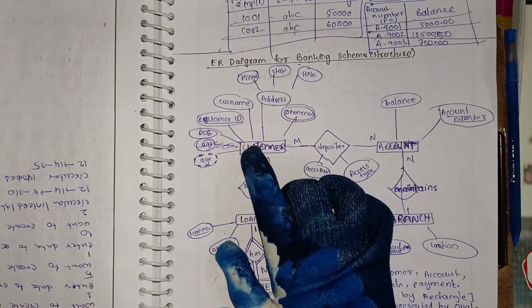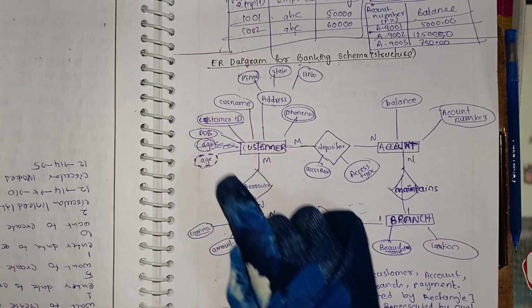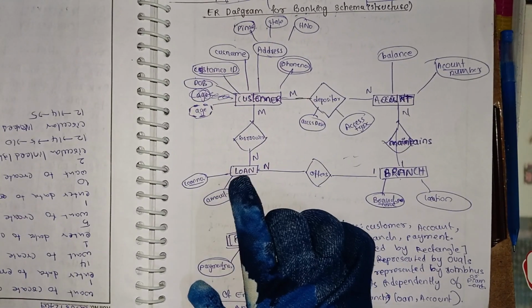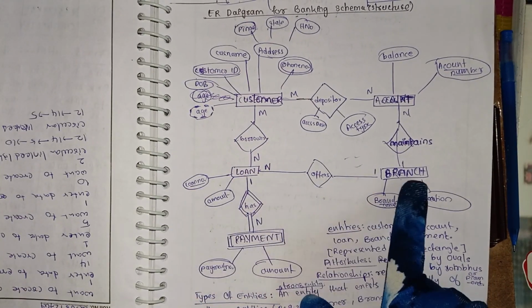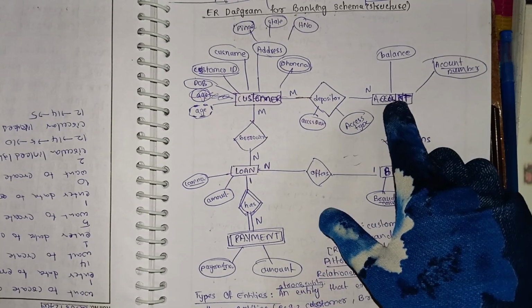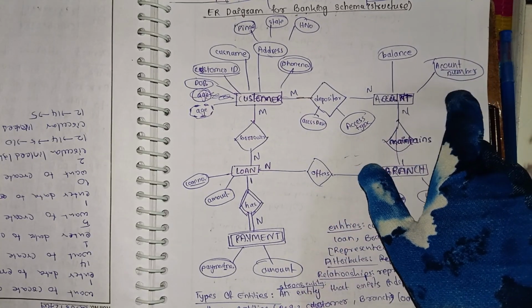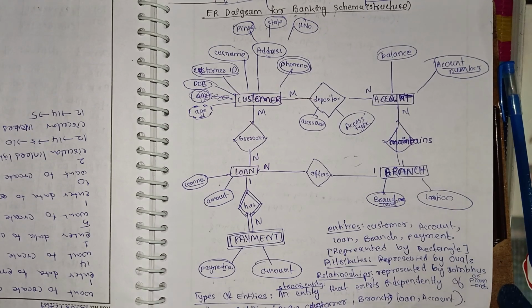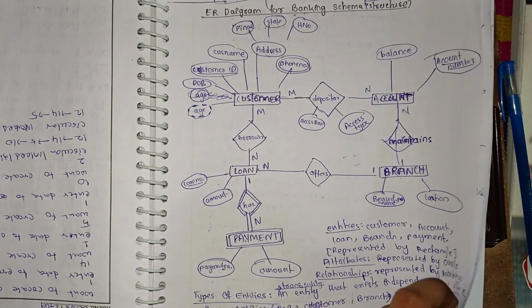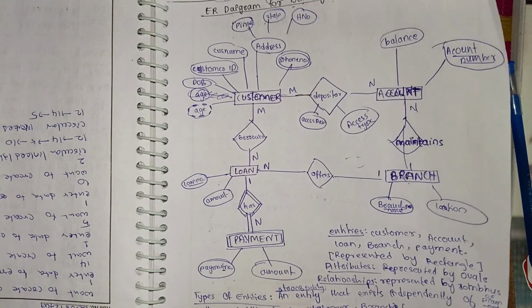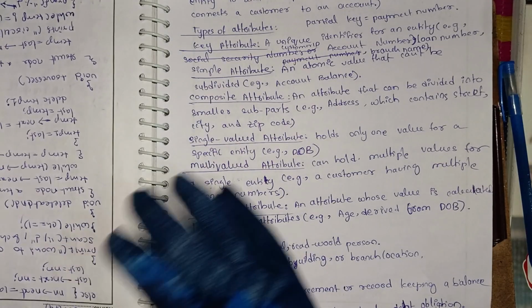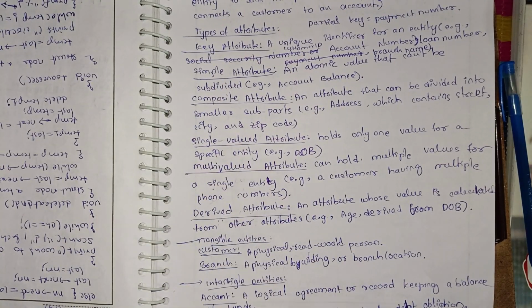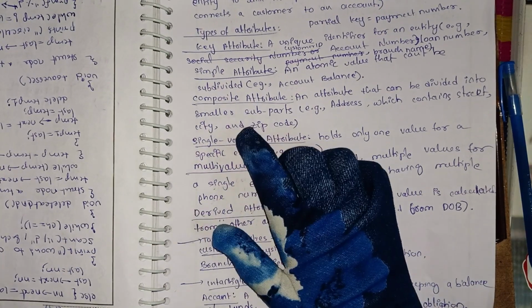In the customer entity, the customer ID is underlined, and in the loan entity the loan number, the branch name, and in the account entity the account number. These are the key attributes, which are also called primary keys, which uniquely identify each row in that entity or table.